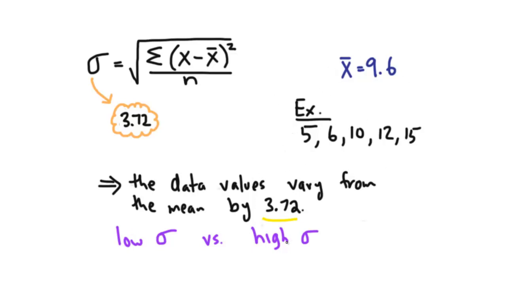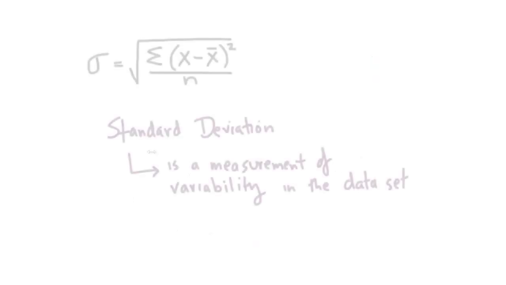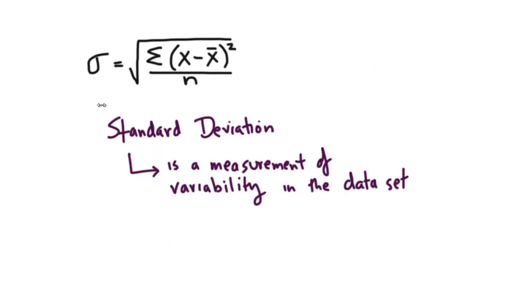But if you have a high standard deviation, that means that most of the numbers are not close to the mean. That is, there's more variation in the data set. So in summary, we use this formula to calculate the standard deviation, and the standard deviation is a measurement of variability in the data set.